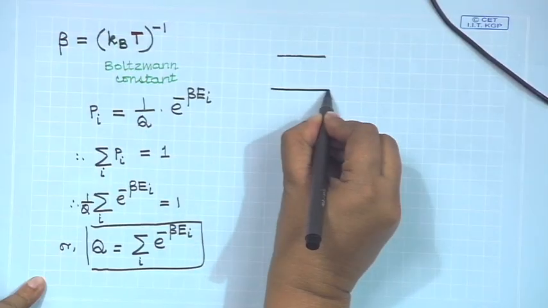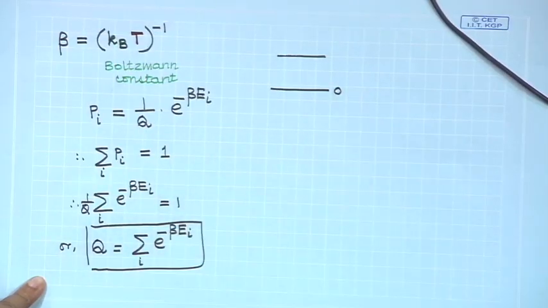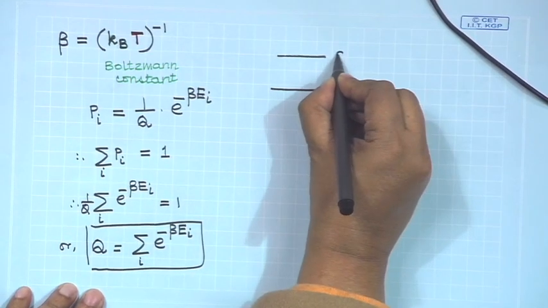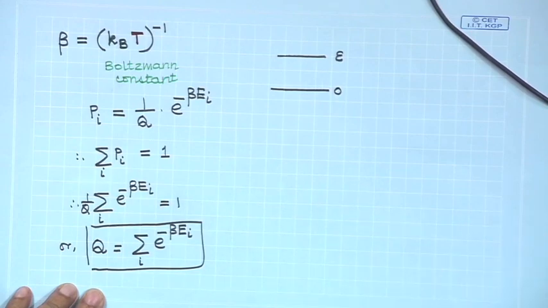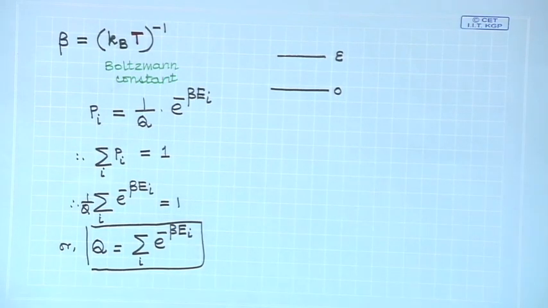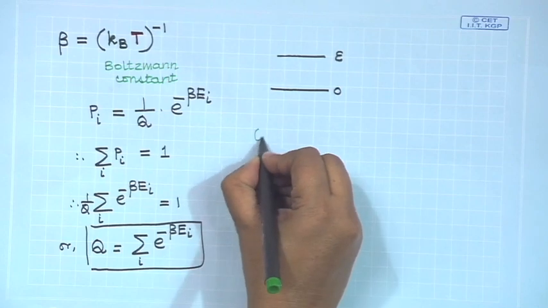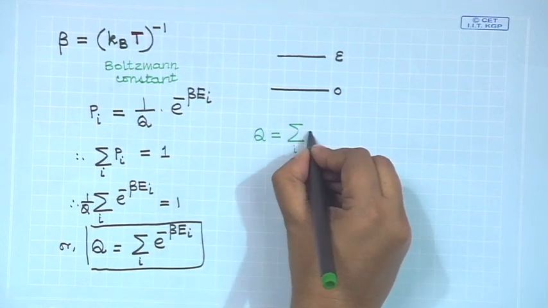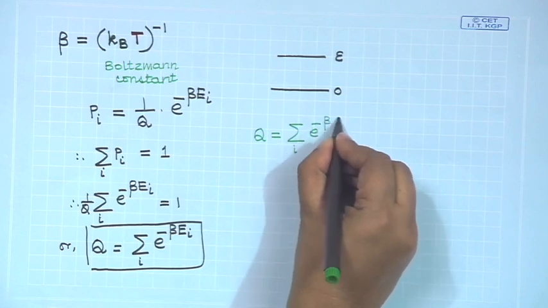For example, if I have this classic two state system where the lower energy state has an energy 0 and the upper energy state has an energy equal to epsilon. In this case, do I know how to write down capital Q? Of course, I understand that capital Q is equal to summation over i e to the power of minus beta E_i.